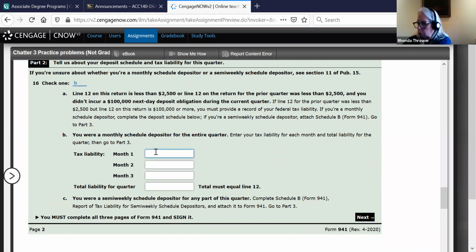So for month number 1, twice the semi-monthly taxes is this amount. It's going to be the same amount in month number 2 and in month number 3.